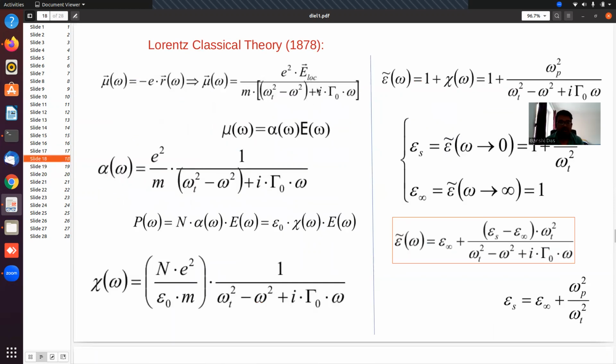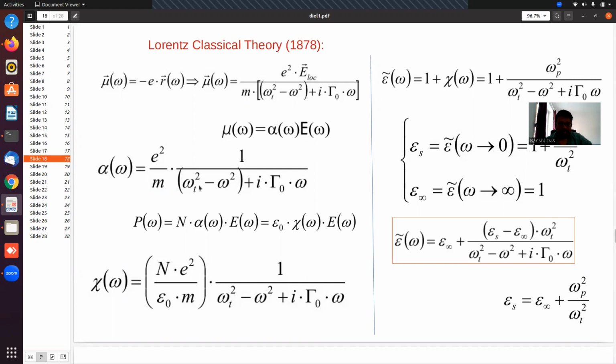So here we have this expression: mu equal to charge multiplied by displacement. From this expression, mu equal to alpha into E, so alpha is the polarizability.